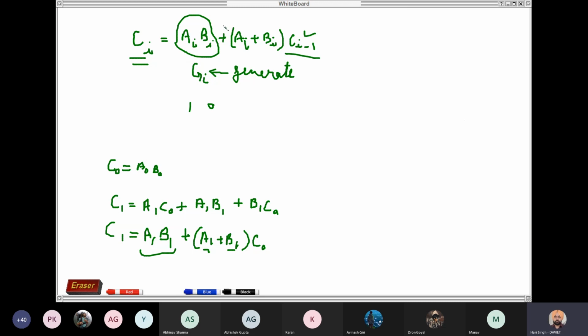If at least one of Ai and Bi is 1, then the carry Ci minus 1 will be propagated to the ith stage. So the factor Ai plus Bi is called the propagate factor. It is represented with Pi.